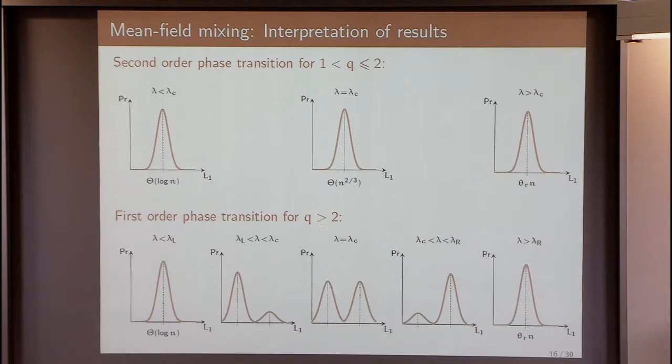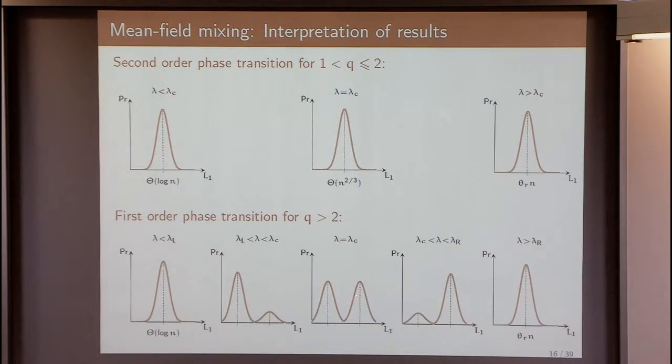But as soon as Q is greater than 2, the phase transition becomes discontinuous. So in the critical point, we'll have two modes for the size of the largest cluster that each one accounts for roughly half of the probability mass, right? So this is the phenomenon called phase coexistence.